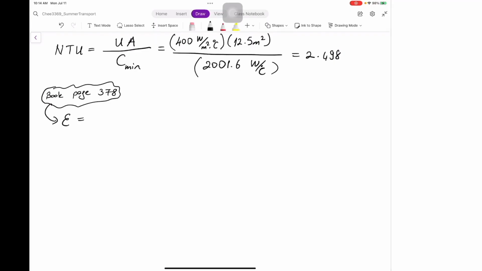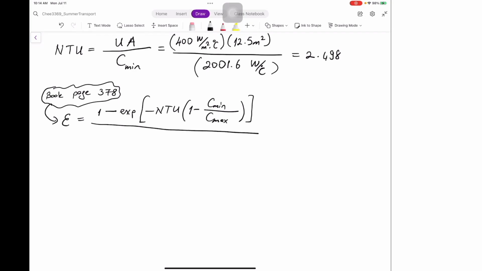For counter current flow, the epsilon is 1 minus exponential minus number of transfer units, 1 minus C min divided by C max, divided by 1 plus, that's 1 minus C min over C max minus number of transfer units. I'm sorry, that's exponential. No, it's not exponential. I'm sorry.